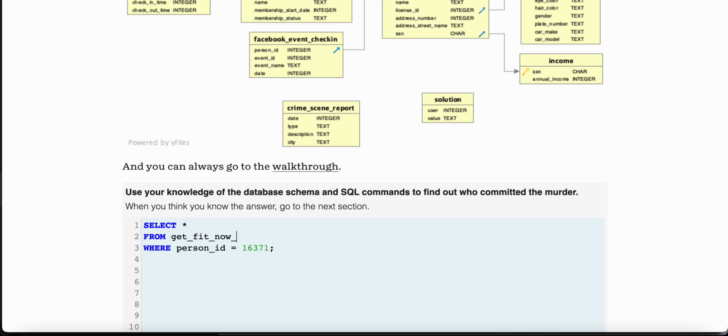Now remember, where the ID, or the person's ID, now the ID is like wildcard, you know, it has to contain something like 48Z wildcard starts with, and membership status is gold.